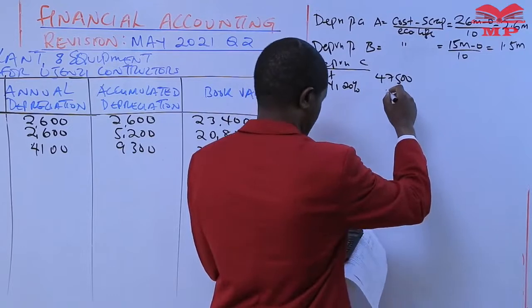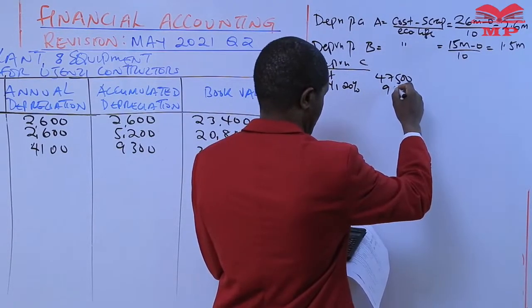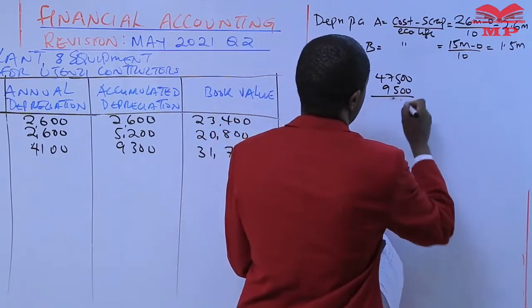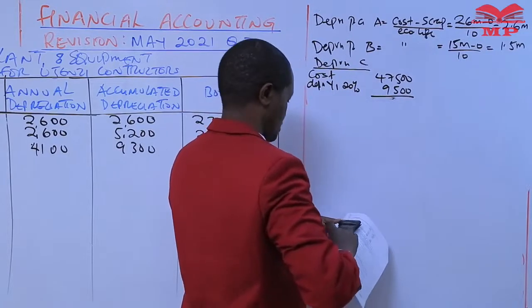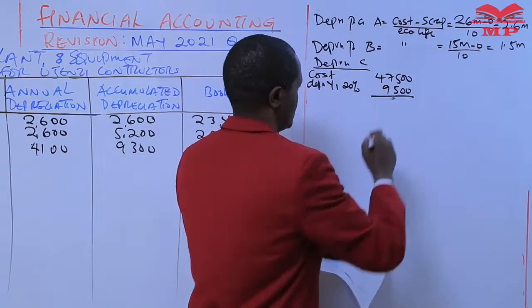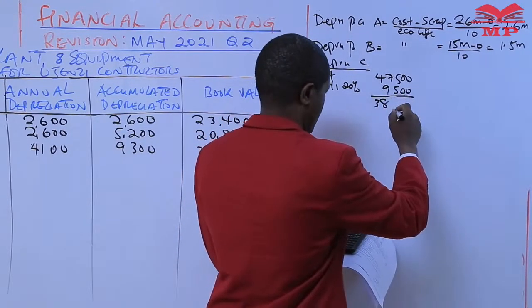The first year, this will be 9,500,000. I'm going to deduct it to get the book value: 47,500 minus 9,500 is 38 million.